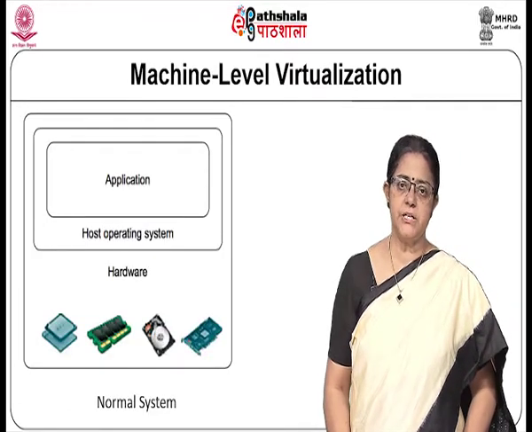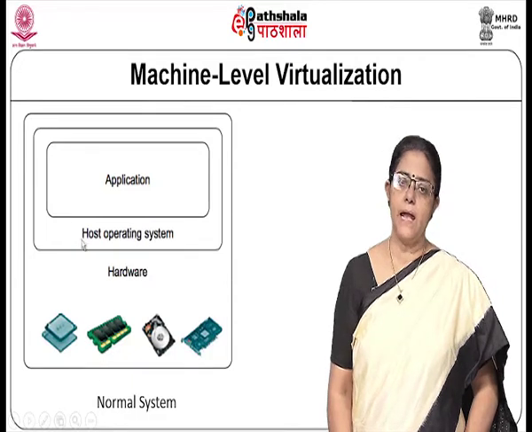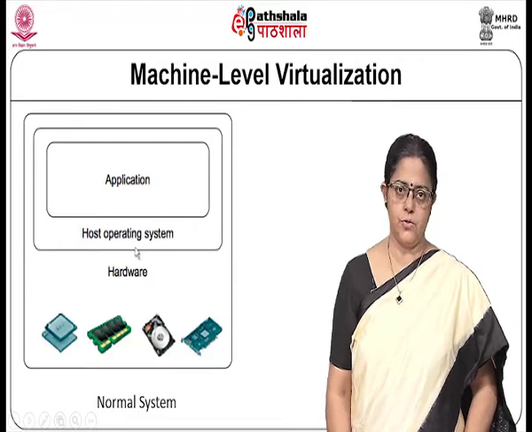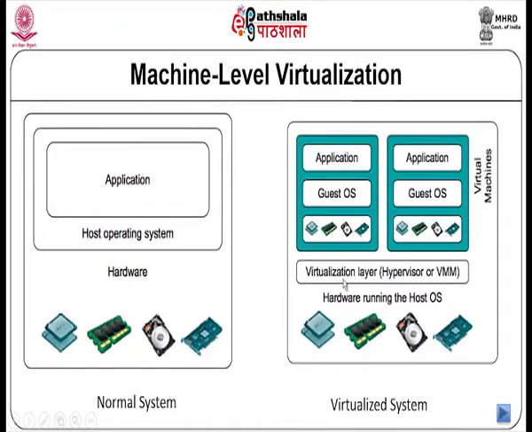So, this is our machine where we have the hardware, we have the operating system on top of that, and then we have the application. When we virtualize, as we already have seen, on top of the hardware comes the virtualization layer, which is called the hypervisor or VMM, depending on the environment.